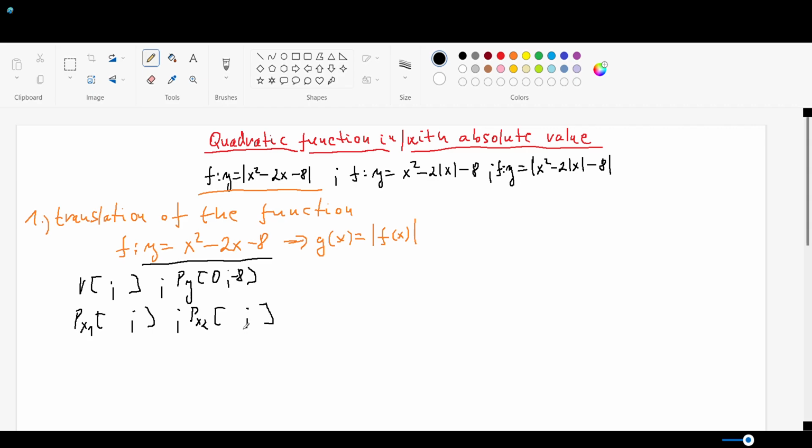So the intercept with the y-axis is (0, -8).